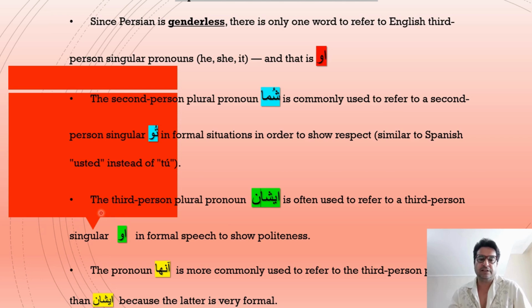And the next one, the third person plural pronoun ishān is often used to refer to a third person singular u in formal speech. And in colloquial language we say ishūn. Instead of saying ishān, we say ishūn. For example, let's imagine I am married, and then I'm going to talk to my wife about her mom or her father.